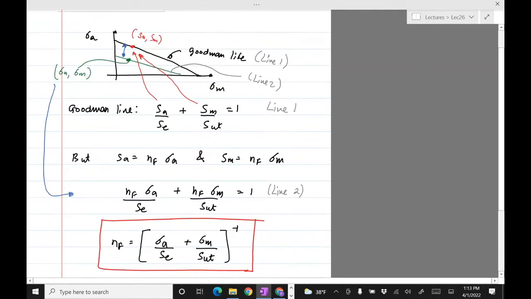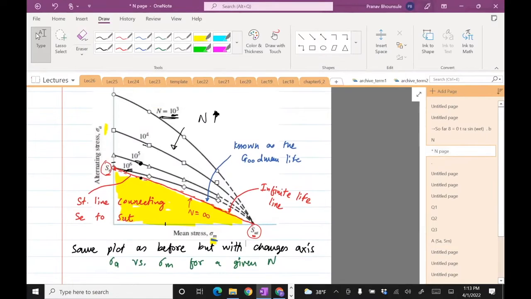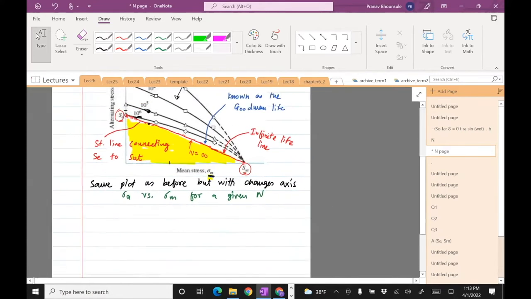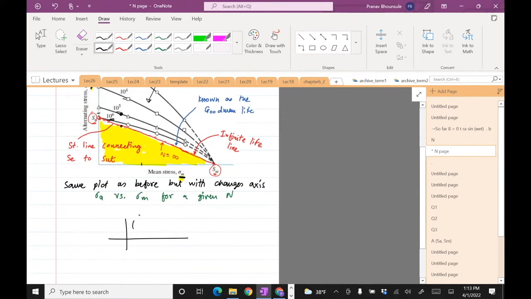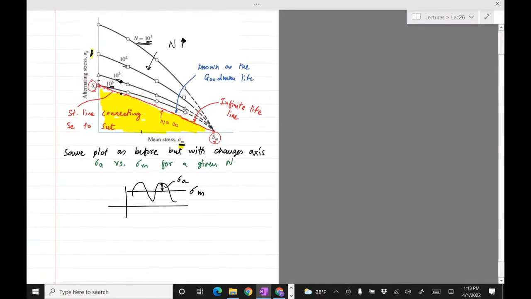Now, what I have shown here is, however, that the stress sigma M is positive. There's no meaning in having a negative sigma A. After all, what we are talking about is something like this: this is sigma M, and this amplitude is sigma A. Positive or negative sigma A doesn't really have any meaning because that's just the amplitude.